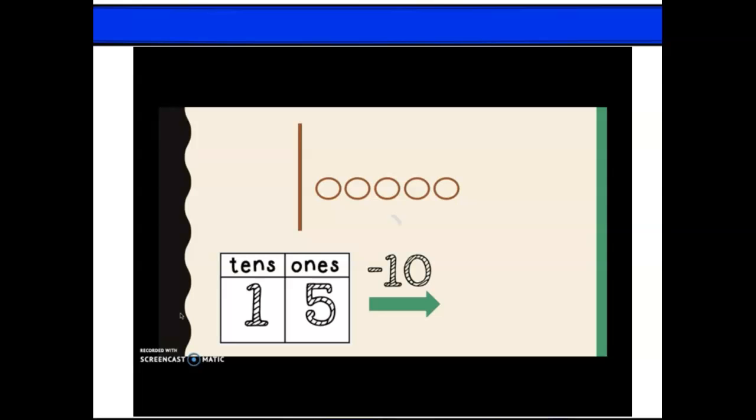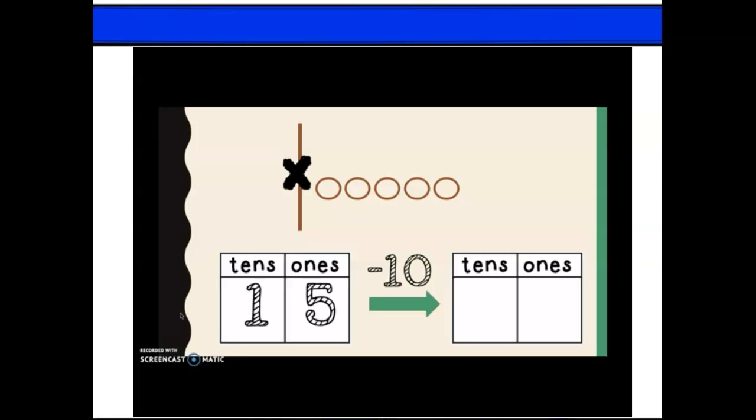So we want to find out what 15 would be if we have 10 less. So we're going to put a big X on the group of 10s. Go ahead and tap with your finger on your iPad what we're going to put a big X over. Yeah, you're right, the 10 tower, because he's worth 10. Now, since we've X'd him out, we're going to pretend like he's not there. And what's left over that's not X'd out?